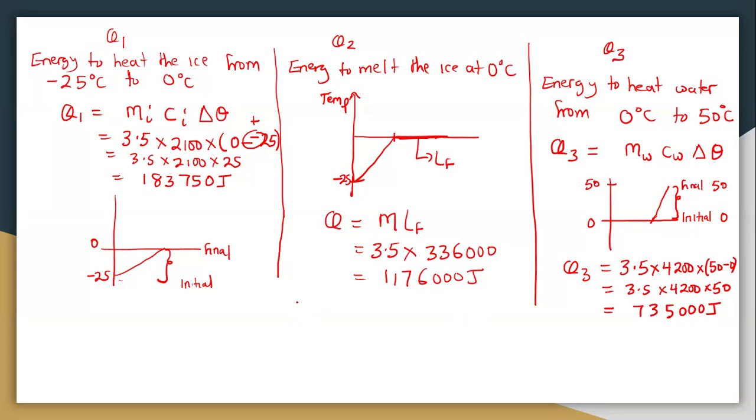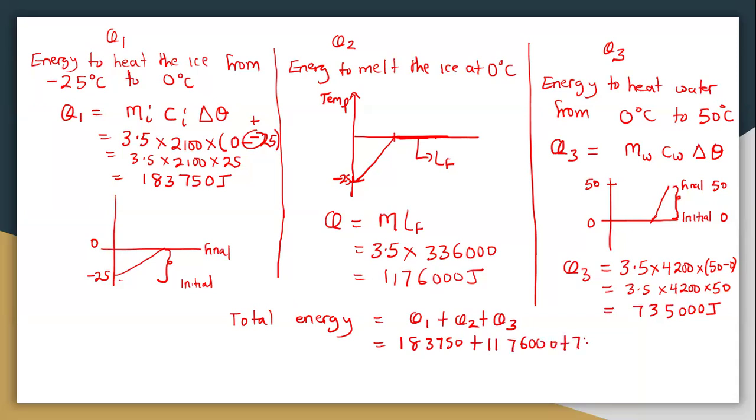Now, after finding the quantity of heat at each stage, it means that now we can find the total energy required for the whole process. So I'm going to say now the total energy means we shall have Q1 added to Q2 added to Q3. So here we shall have 183,750 plus Q2, which is 117,600, then plus 735,000.